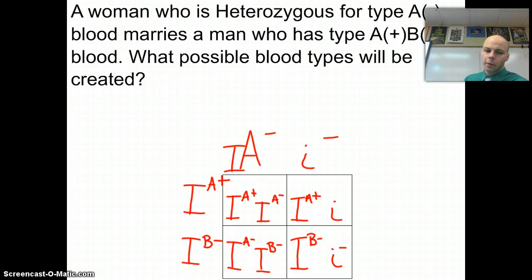And so you can see our resulting offspring will end up with 4 different possible genotypes.